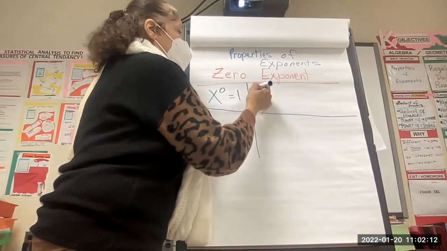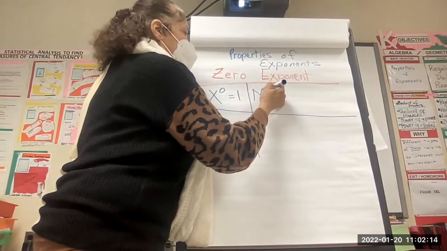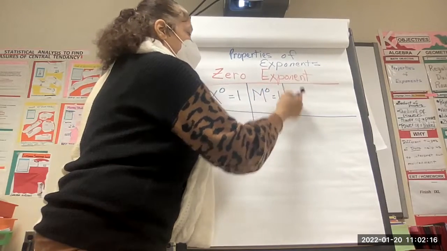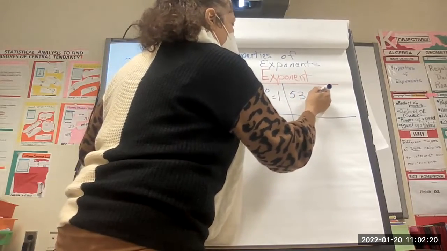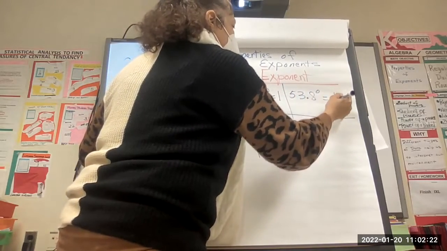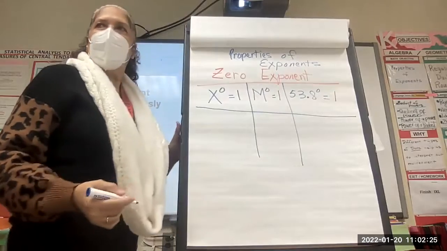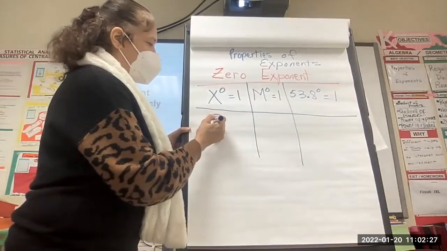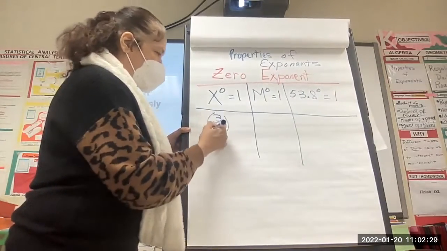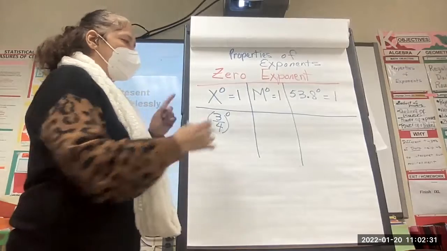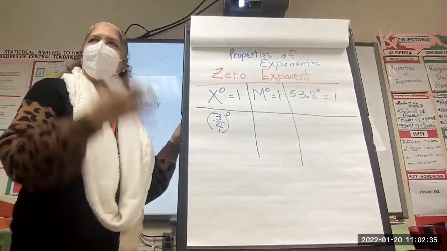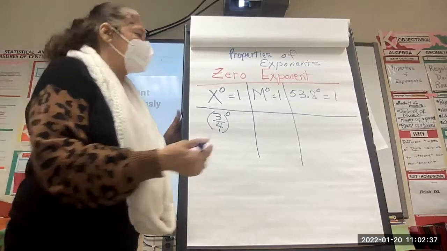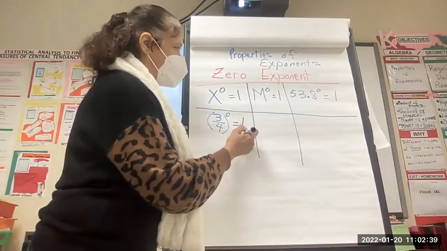If I give you M to the 0, it's still equal to 1. If I give you 53.8 to the 0, it's still equal to 1. If I have a fraction like 3/4 quantity to the 0 power, because the parenthesis around the 3/4 says that everything in there is to the 0 power, that's equal to 1.